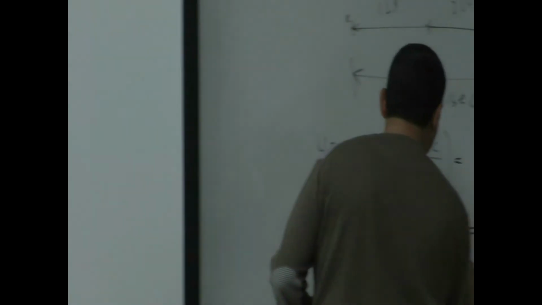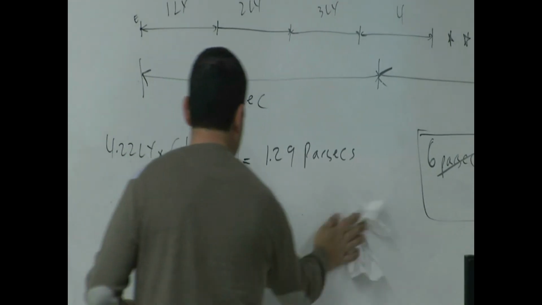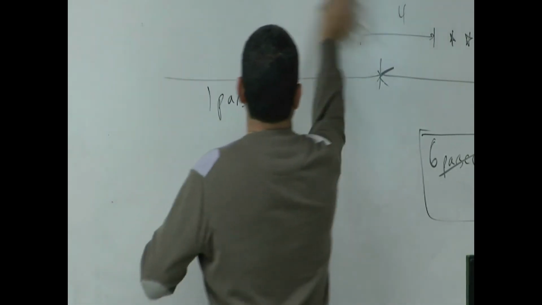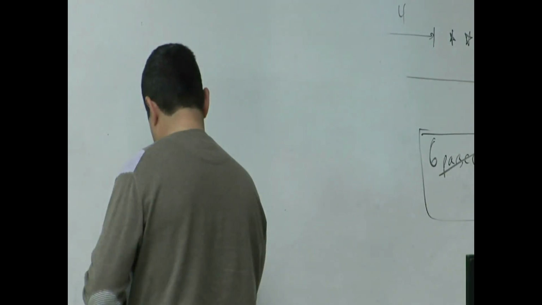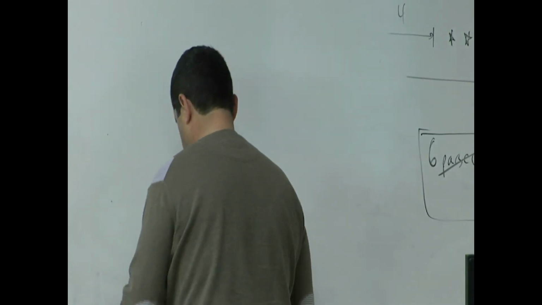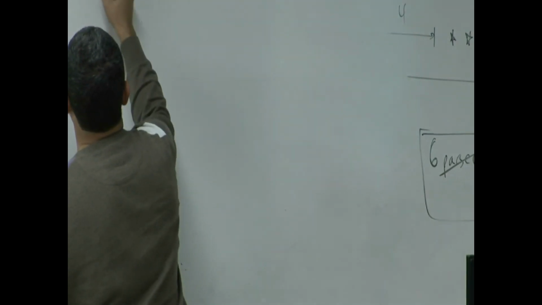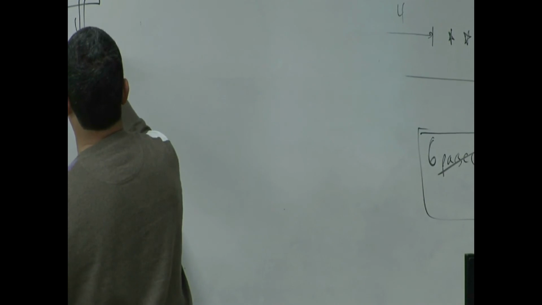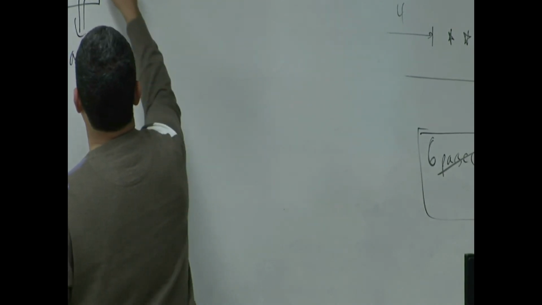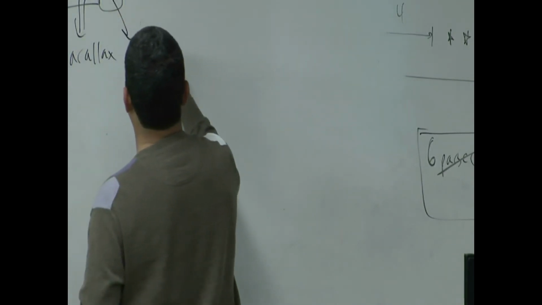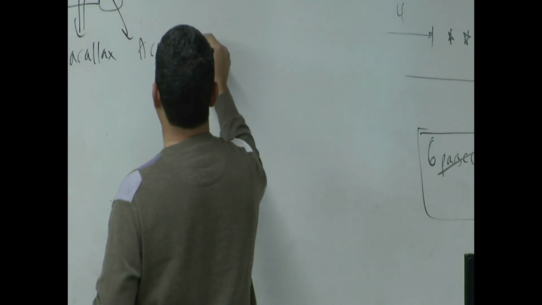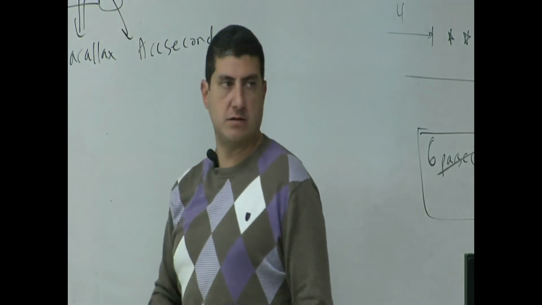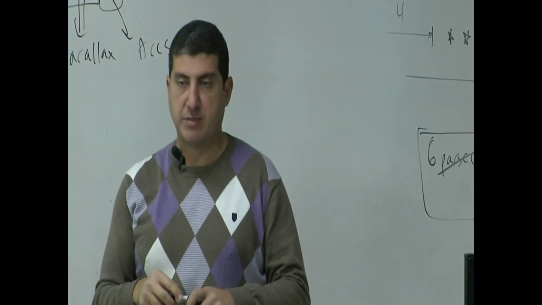So the parsec unit system, you can kind of think of it as two words. Par comes from the concept of parallax. Sec comes from the concept of arcseconds. Combine the two concepts and you get the unit system of the parsec.